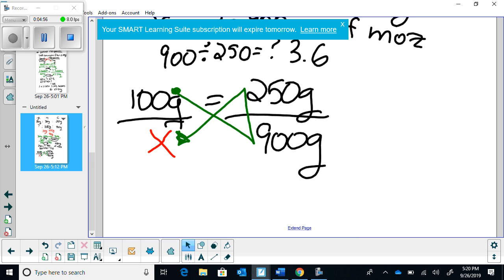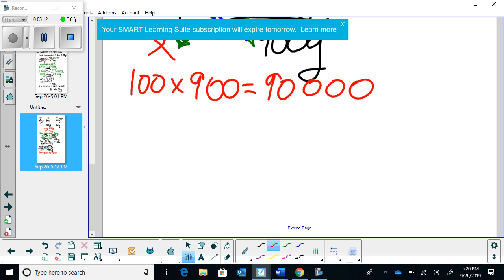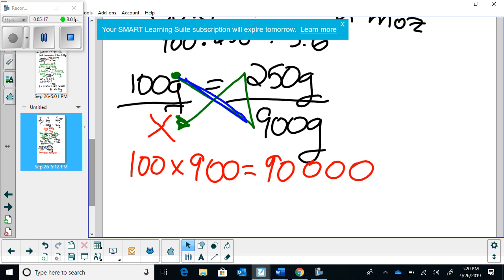The first two values, so these two here, right, we're going to multiply them. So 100 times 900 is going to equal 90,000. All right? And then from here, we have to divide by this number here.